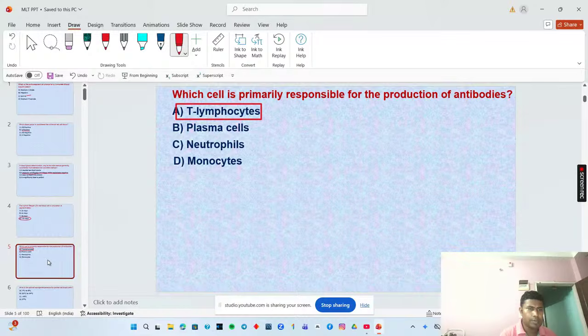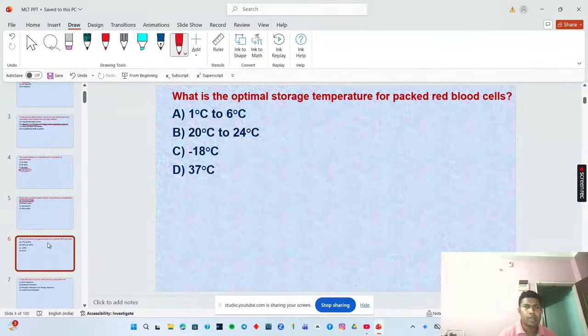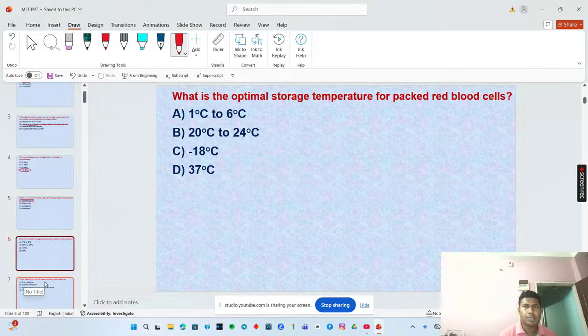Now we will come to the next question: what is the optimal storage of packed red blood cells?